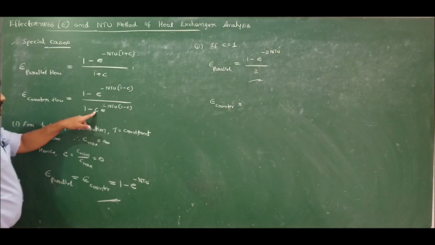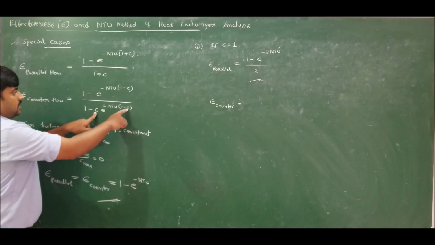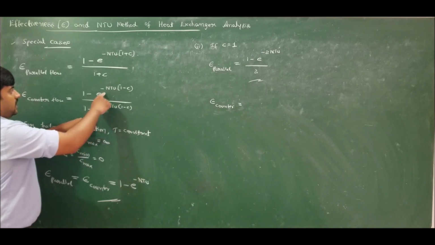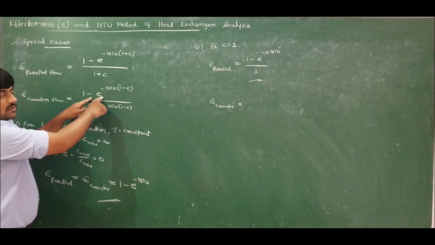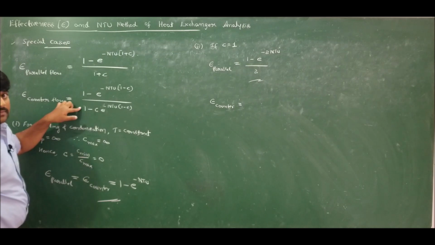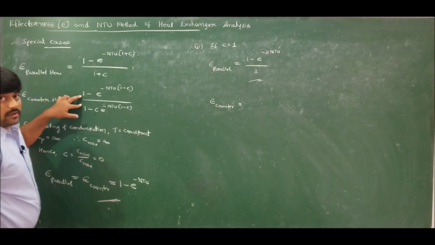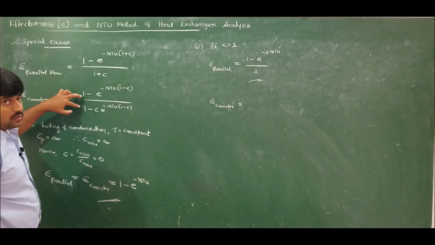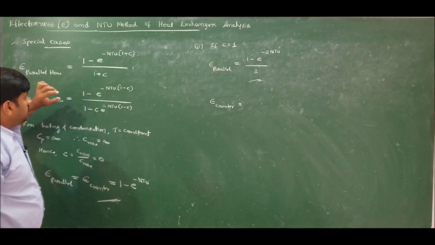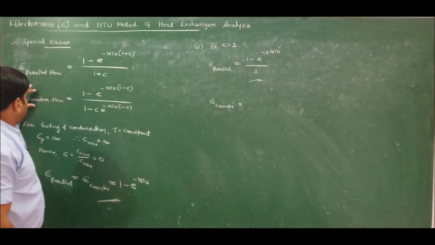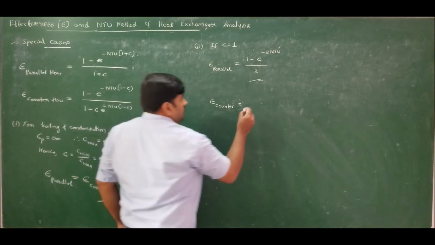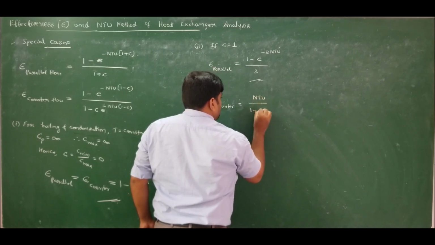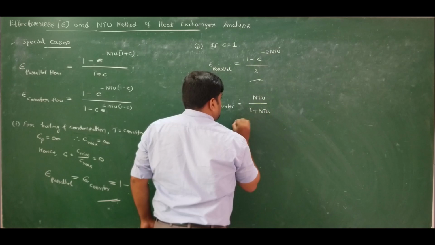Whereas for counter flow, put C is equal to 1. Then e to the power of 0 is 1, 1 minus 1 is 0. This is of the form 0 by 0, that is indeterminate form. Whenever we have indeterminate form, we have to use L'Hospital's rule. So using L'Hospital's rule, if you simplify and conclude, the expression for counter flow heat exchanger will be given by NTU divided by 1 plus NTU.